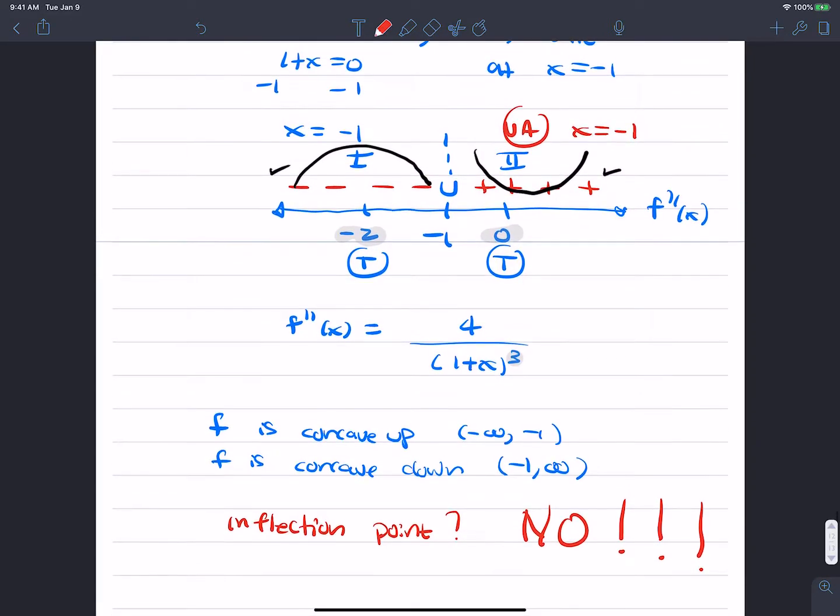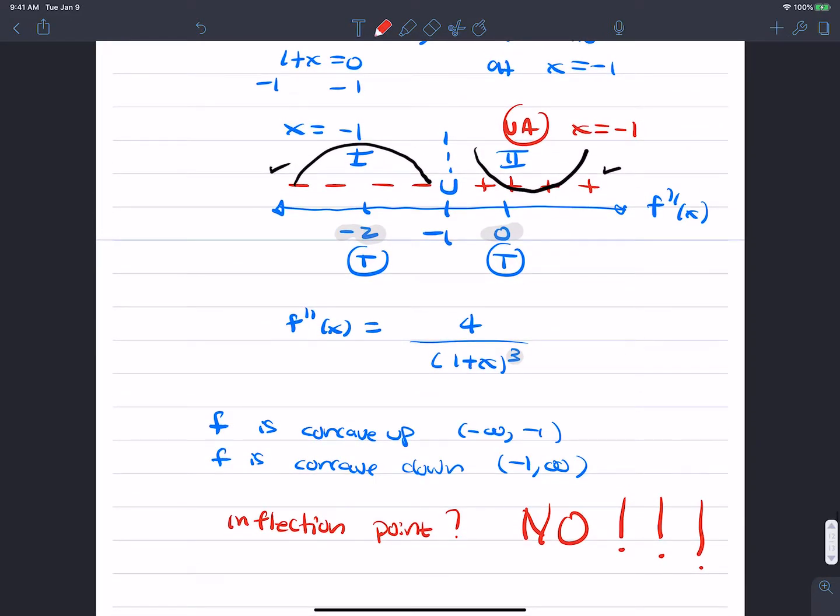Does anybody know why there is no inflection point? Right? Because at -1, your curve is what? It's undefined. Don't look at -1 necessarily. Remember, an inflection point has to be a point on the curve.